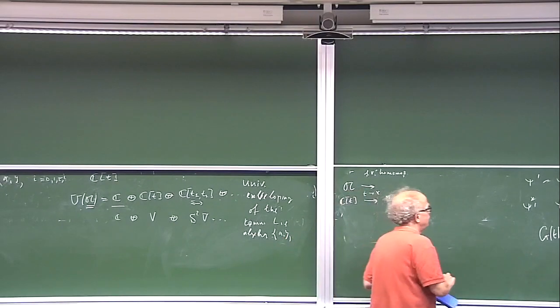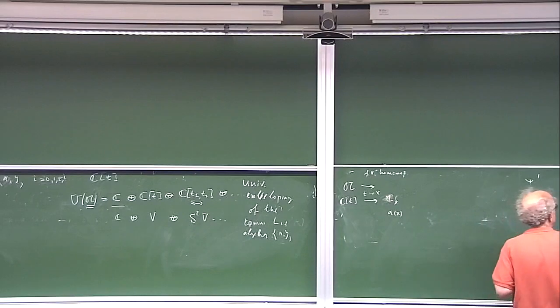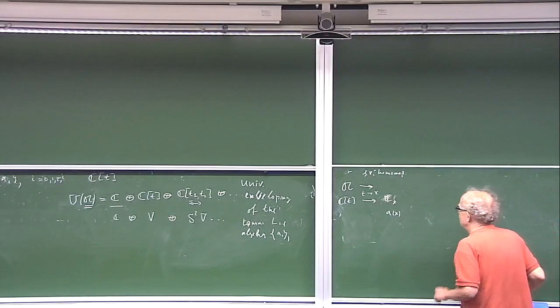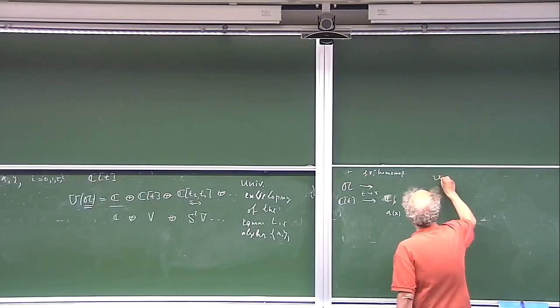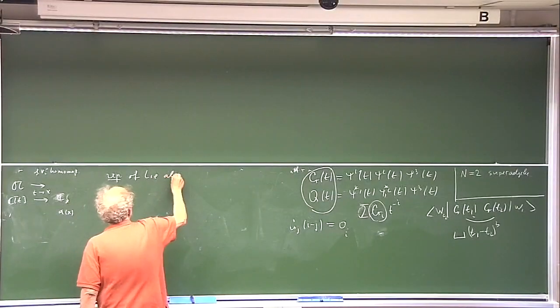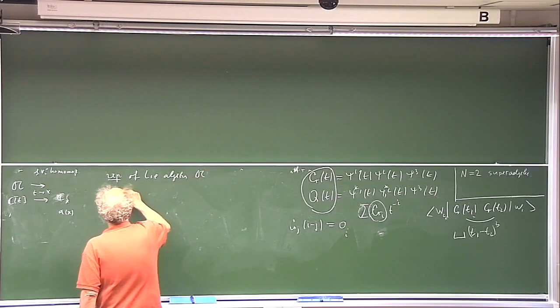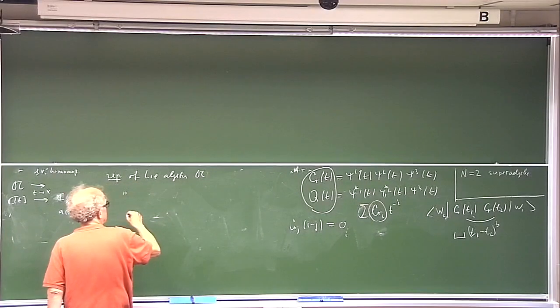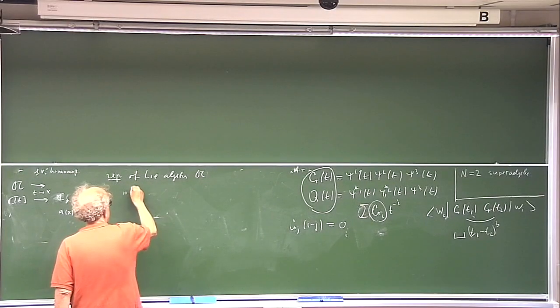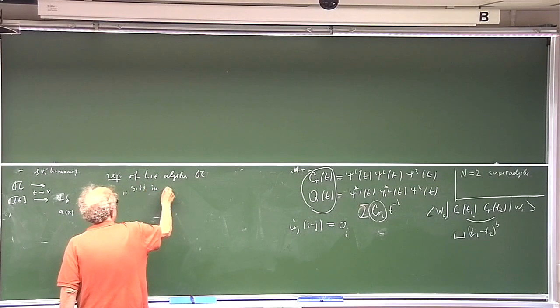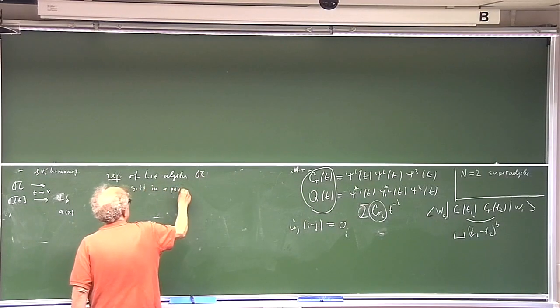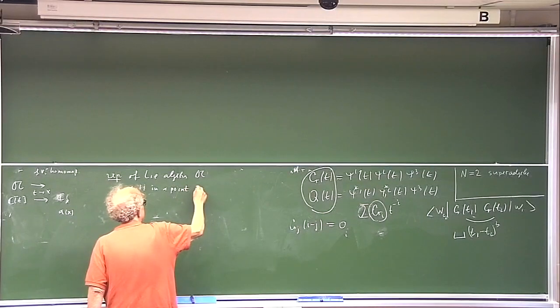Well, therefore, we have the conception of a representation of the Lie algebra, which I will call a representation sitting at a point x.